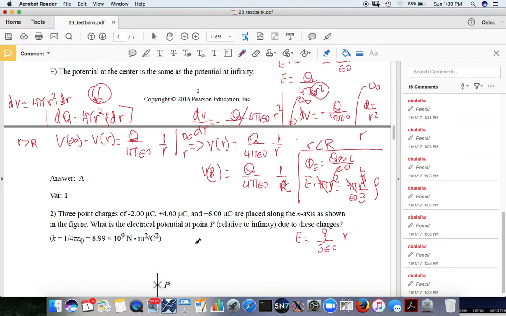When we do the same exercise, dV/dr is equal to the negative of the electric field, and we integrate from any point r to the surface R because we have this boundary condition.